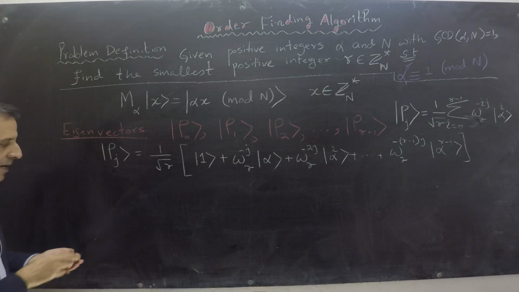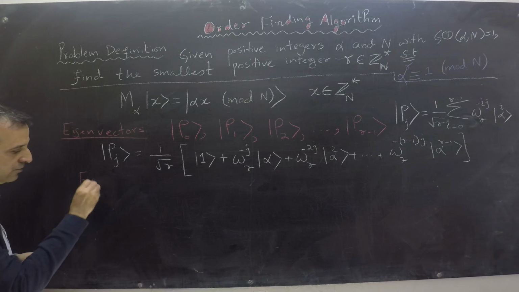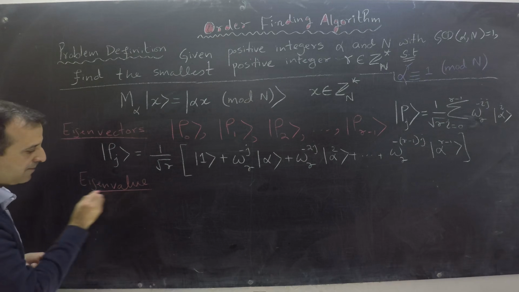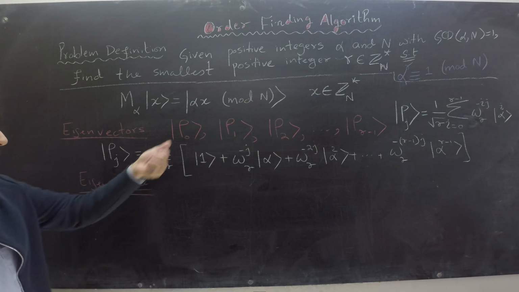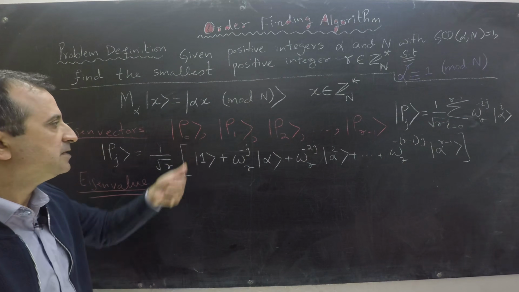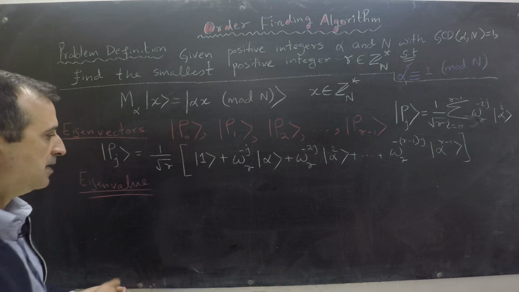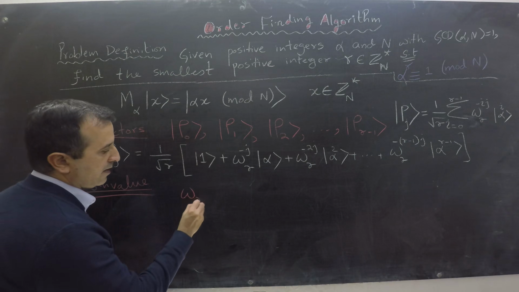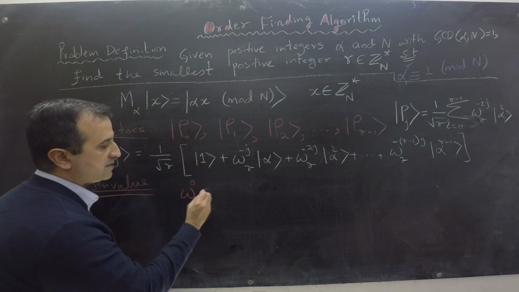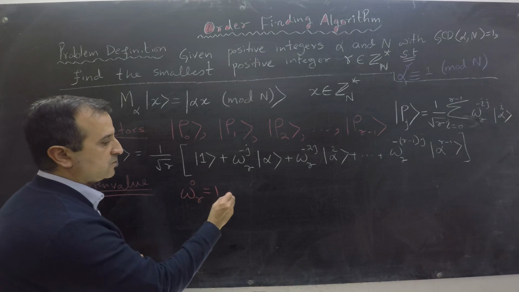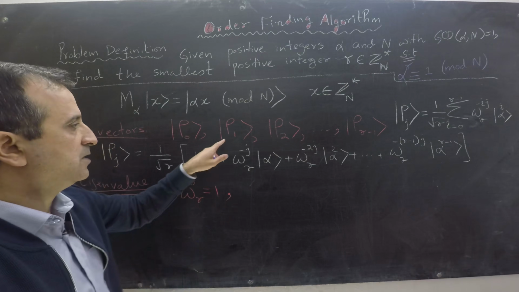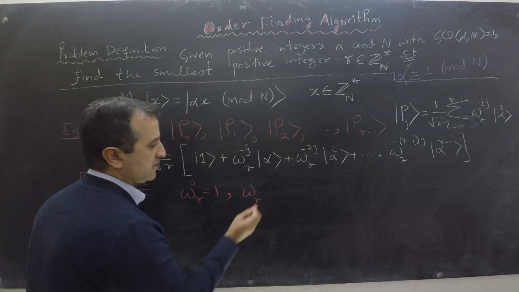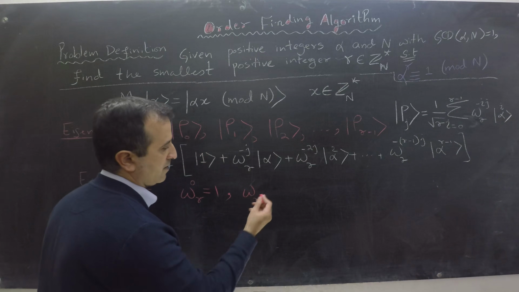Similarly, I can write my eigenvalues for my special matrix M. Corresponding to eigenvector rho 0, my eigenvalue will be omega r raised to power 0, which is equal to 1. Corresponding to eigenvector rho 1, my eigenvalue will be omega r raised to power 1, which is basically omega r.